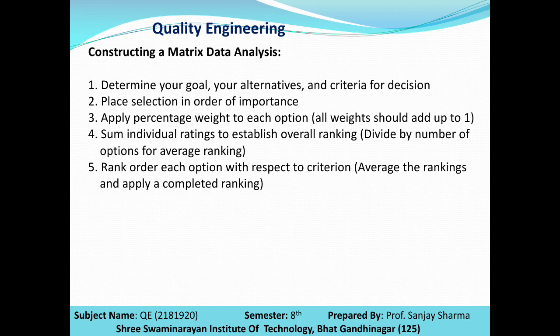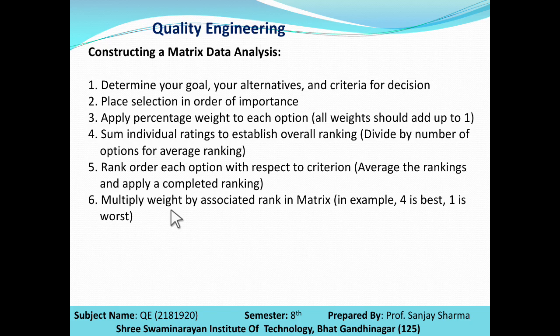Now average the ranking and apply a completed ranking system. Multiply the weight by the associated rank in the matrix. In this example, 4 is best and 1 is worst. So depending on the ranking, the lower the ranking, the worse the thing; the higher the ranking, the better the thing.